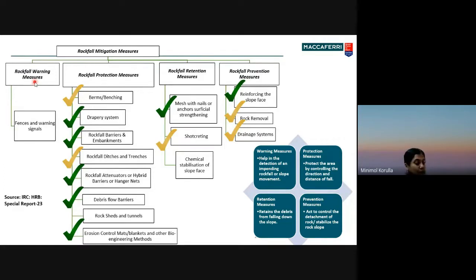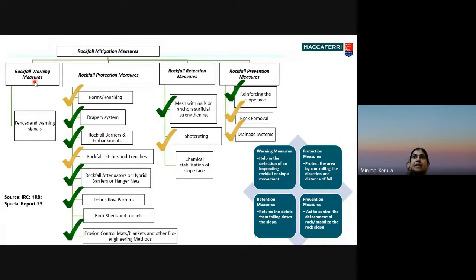As far as I know, an organization which has implemented it in a very nice way is Konkan Railway. In 2003 and 2004, a lot of landslips happened in Konkan Railway. But by 2004, they found a special type of warning system, which is called Kavach.